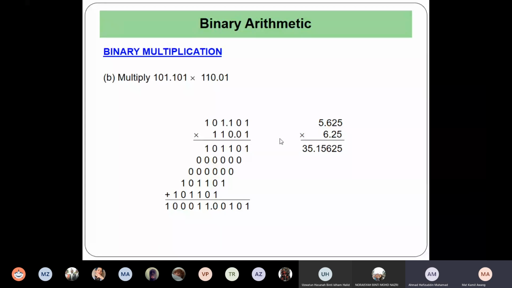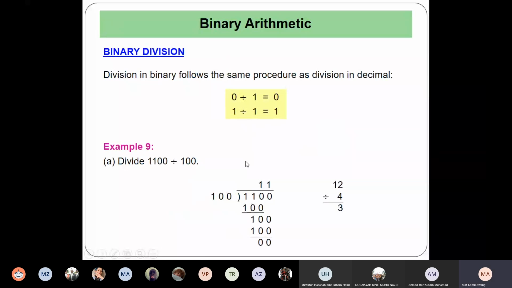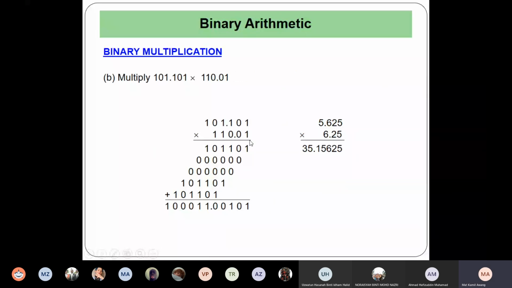So the method is still the same. You use the same setup, and you go bit by bit, starting from the left. The first one, the second one, the third one, the fourth one, and the fifth one. Then you add. After that, you count how many bits in total are on the right of the point.